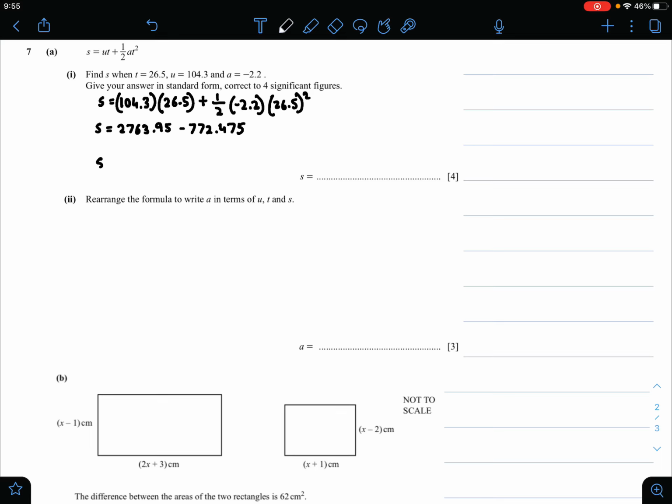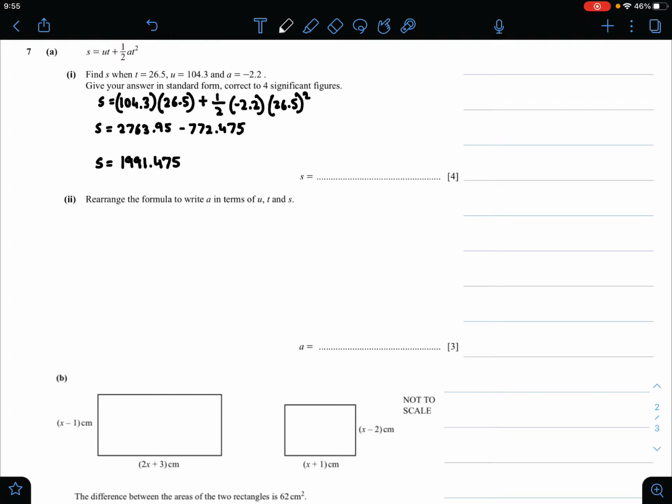And therefore your final answer for S would be 2763.95 minus 772.475, which would be equal to 1991.475.